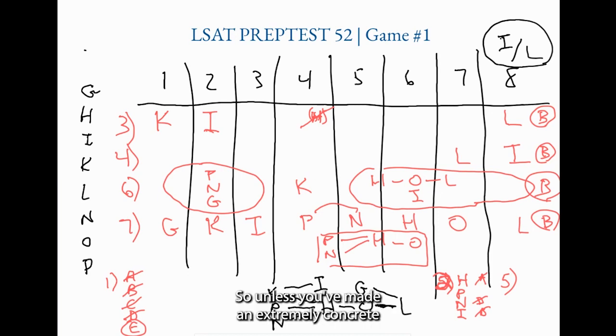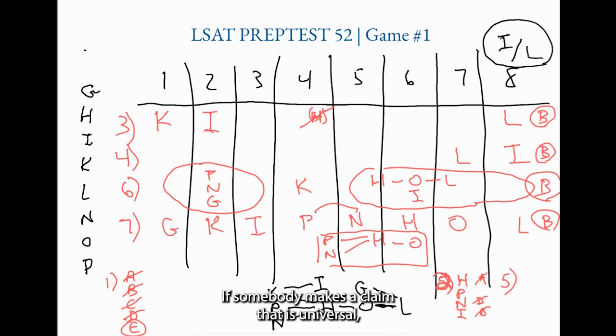So unless you've made an extremely concrete inference, like somebody's always in position number 3, this is one you could skip if you needed to for time purposes. When it asks simply what must be true, you can take what's often called the counterexample approach. Or in philosophy, it's referred to as the white and black swans example.